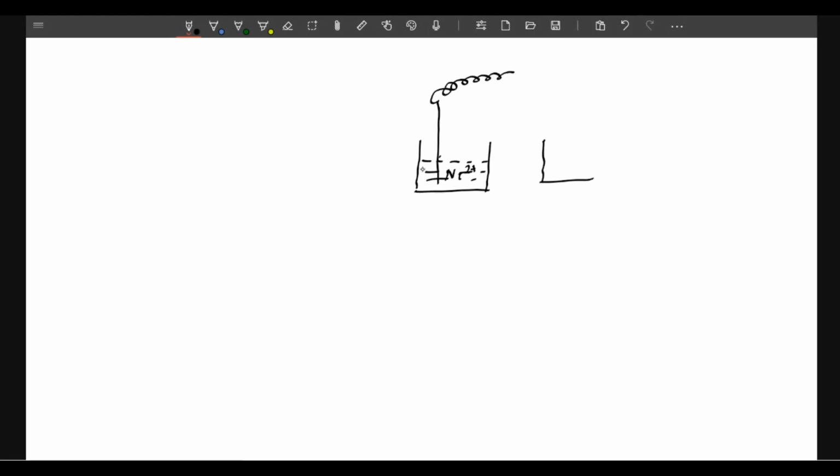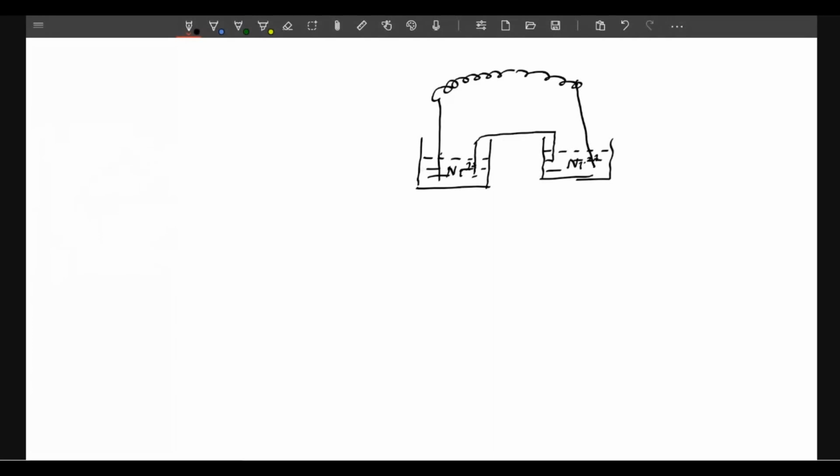In another compartment, I am taking the same nickel 2 plus, placing an electrode. These two electrodes are externally joined, and a salt bridge is completing the electric circuit.